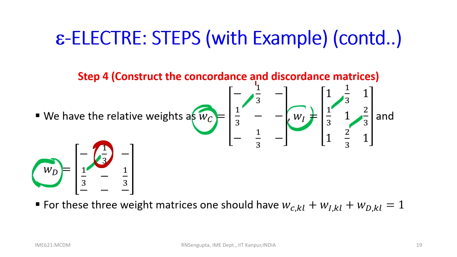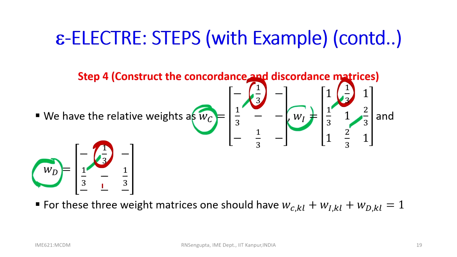1/3, 1/3, 1/3 add up to 1. That means, I am taking the element of 1, 1 comma 2, 1/3, 1/3, 1/3 add up to 1. If I take the element of 3 2, it adds up to 1/3 plus 2/3 is 1. If I take the element of 2 1, it is 1/3, 1/3, 1/3 is 1.